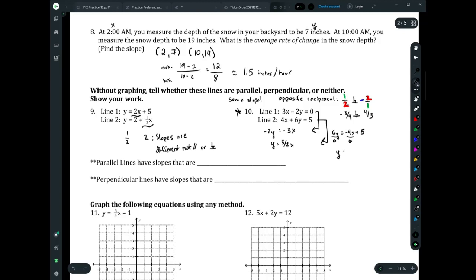We have y is equal to -4/6, which is the same as -2/3, x plus 5, and 3/2 and -2/3, these are perpendicular slopes. So L1 is perpendicular to L2 in that case. Remember again, parallel lines have slopes that are the same. Perpendicular are opposite reciprocals.